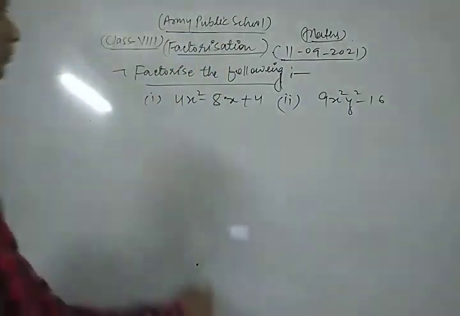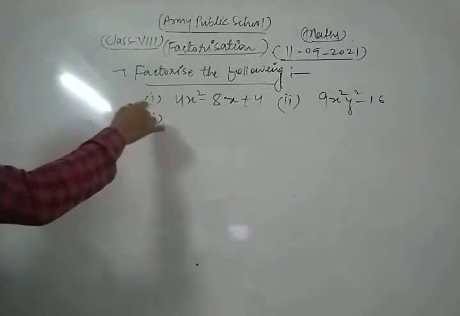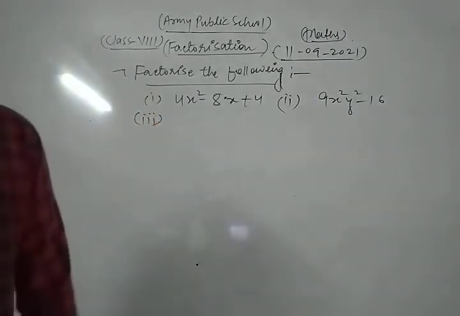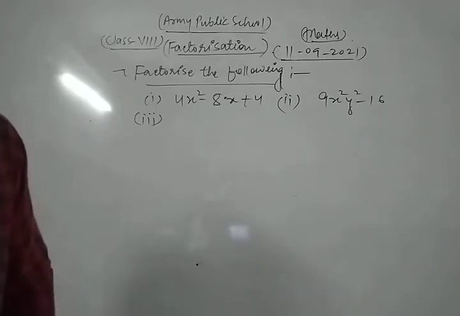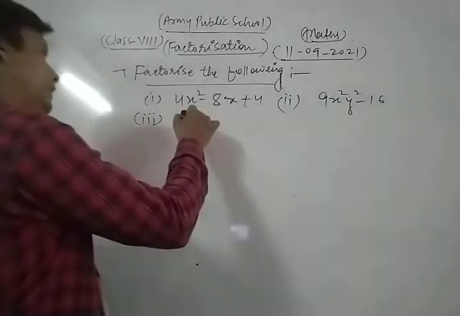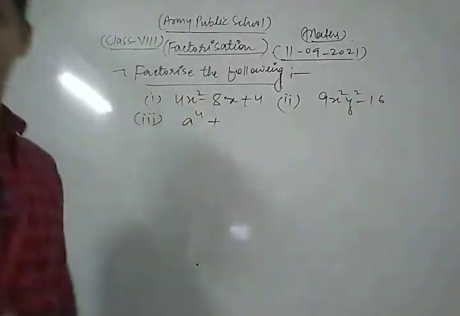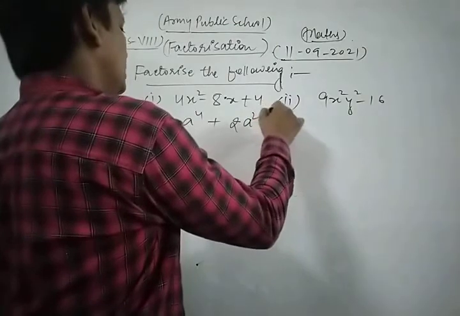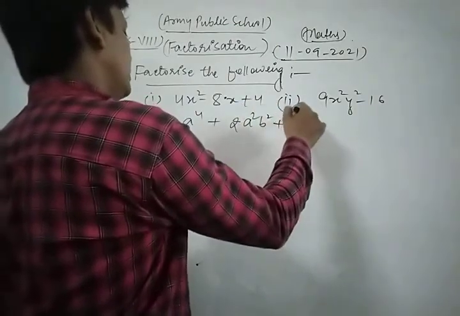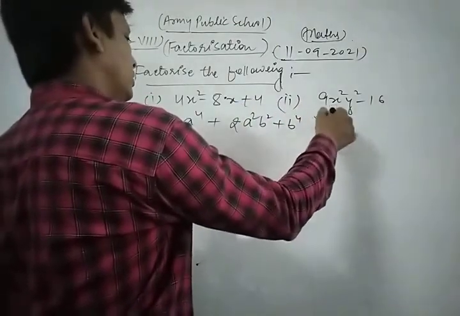Okay. The third part of this question is a to the power 4 plus 2a square b square plus b to the power 4.